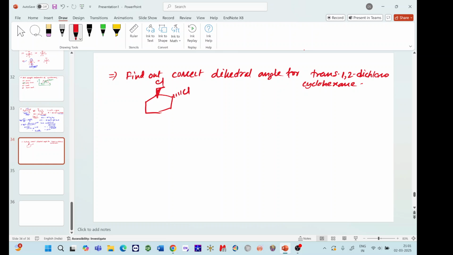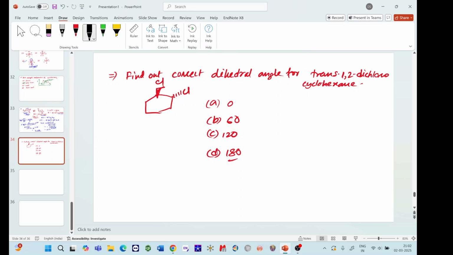What will be the dihedral angle between them? Okay, so the options are 0, 60, 120, and 180. Can you tell me?